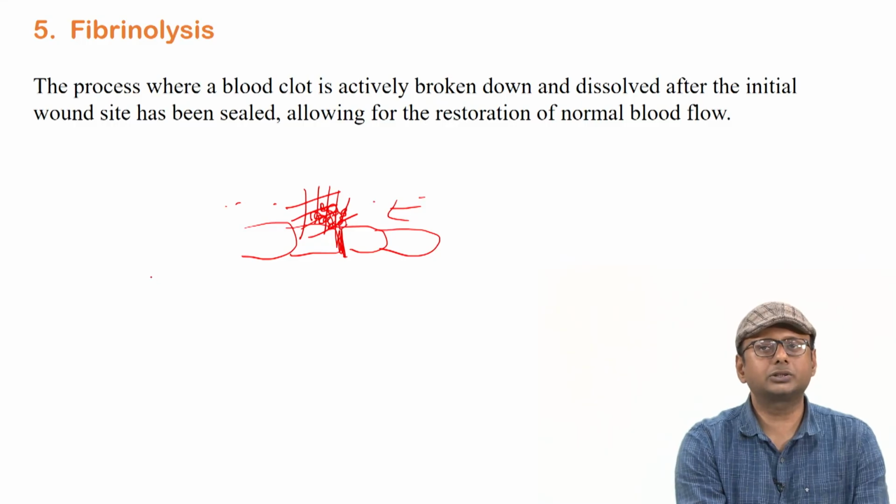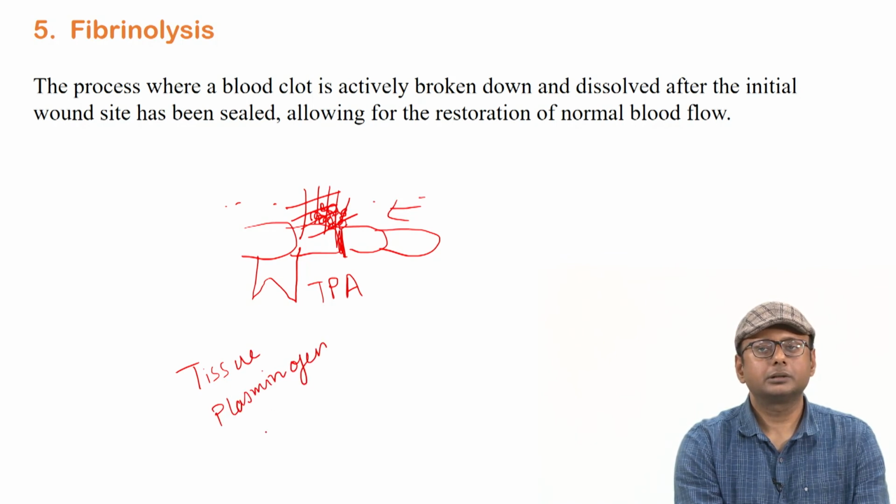So how to destroy? Our tissue endothelial cell has a molecule which is TPA or tissue plasminogen activator. What is it? It is tissue plasminogen activator.